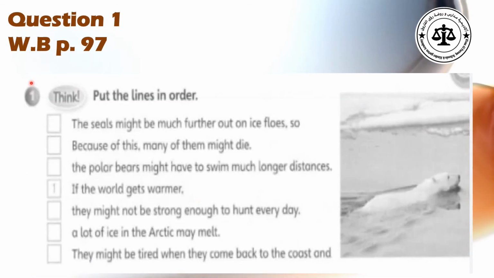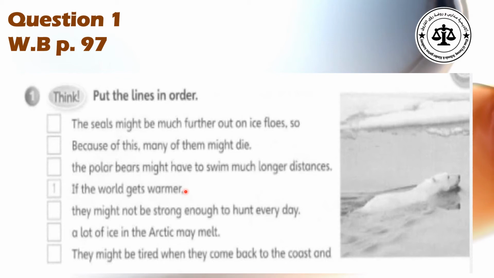Now question number 1 in your workbook 97. Think, put the lines in order. So we want to reorder these statements. I want you to try to answer this question, then come back to the video to check your answers. So here we have number 1, if the world gets warmer, what may happen?